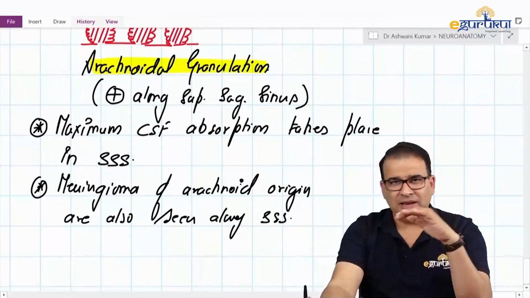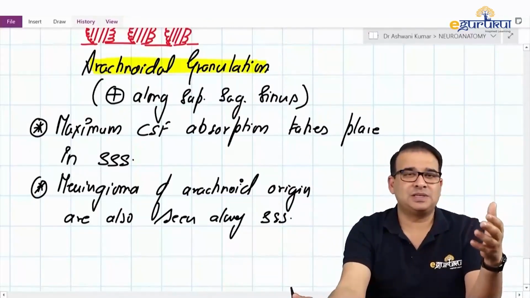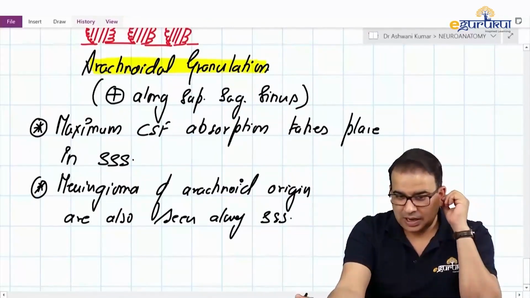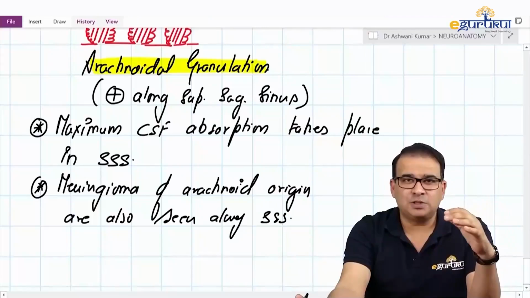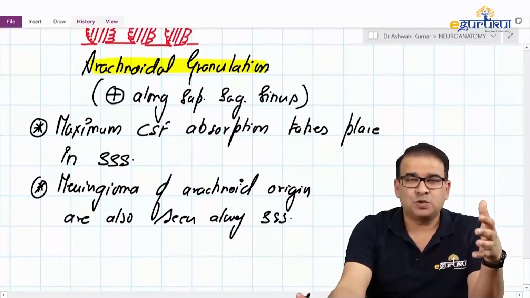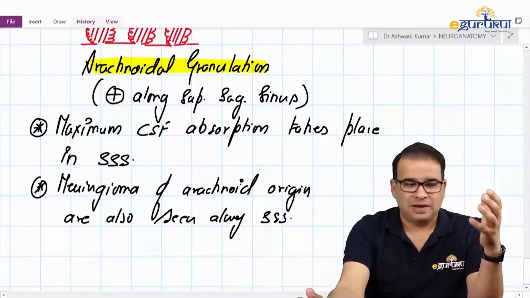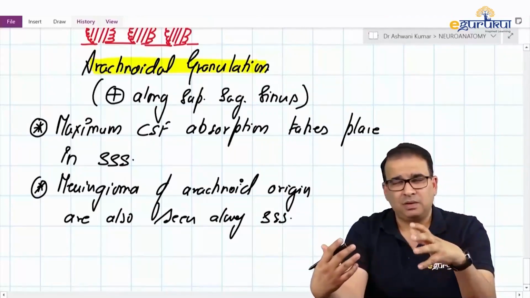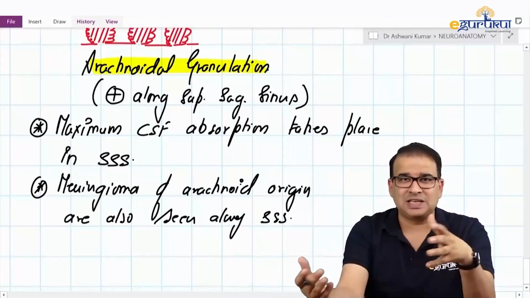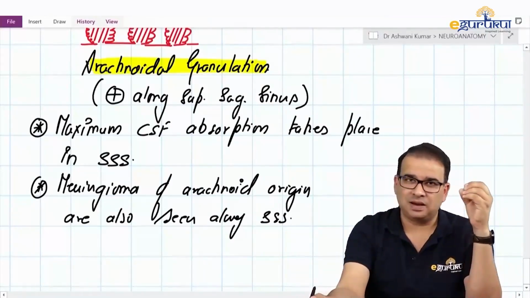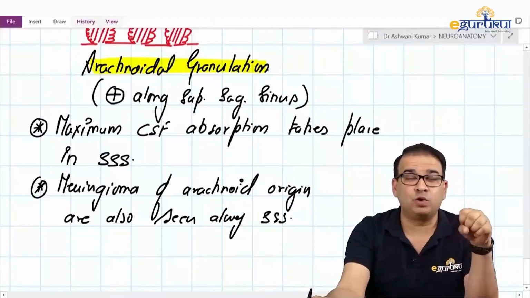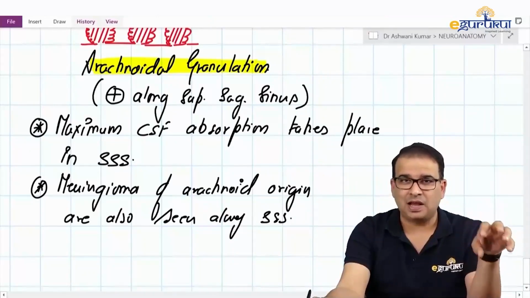Now guys, when you talk about the arachnoid matter, we already said CSF is present in the subarachnoid space. Do we have anything else apart from CSF in the subarachnoid space? Well, we do. Most of the vessels of the central nervous system, arteries and veins, run in the subarachnoid space before they enter the parenchyma of the brain.